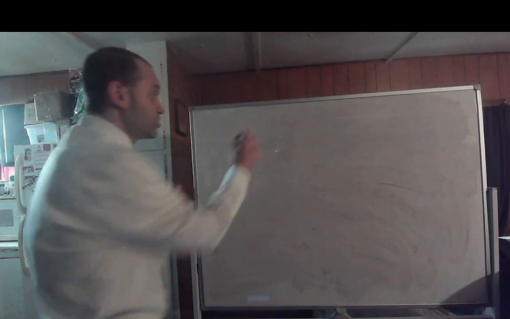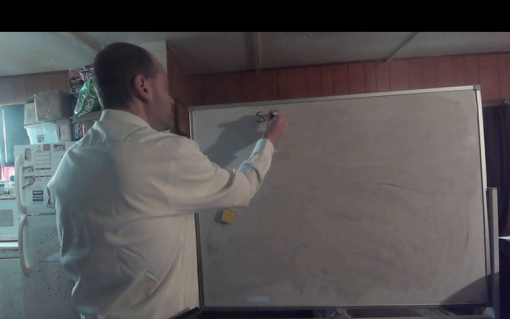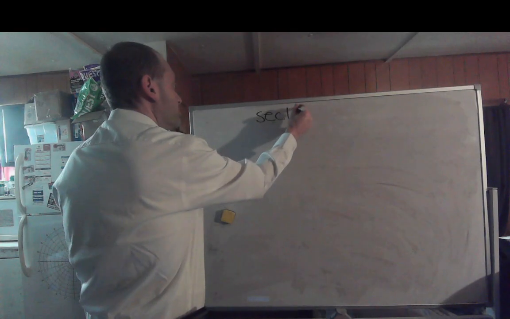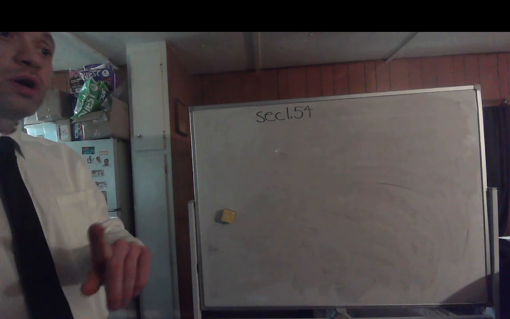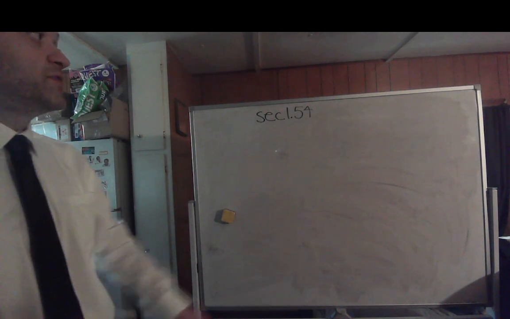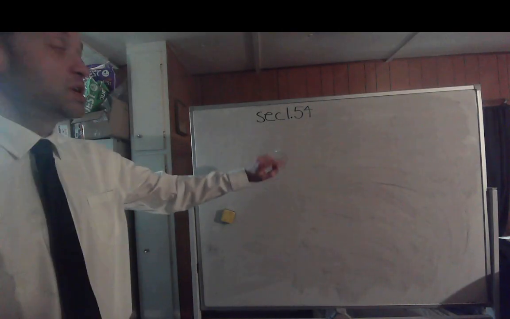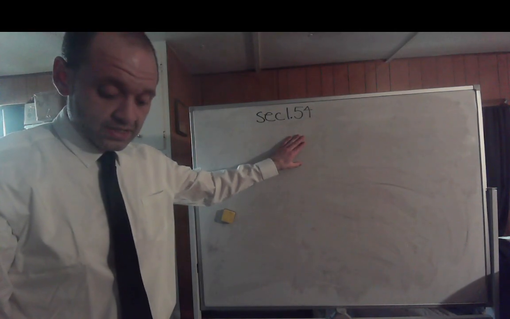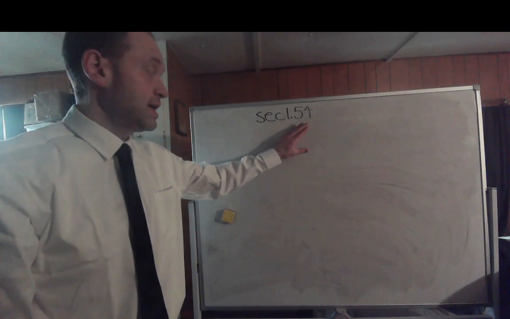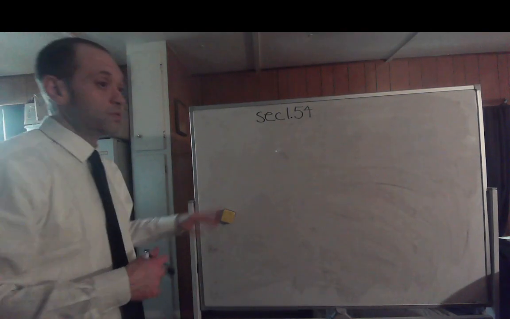Now, this is where it can get tricky. They just want you to find the secant of 1.54. You only see a 1.54. Again, if you do not see a degree symbol, nowhere in this do you see a degree symbol, that means it's in radians. So make sure it's in radian mode.